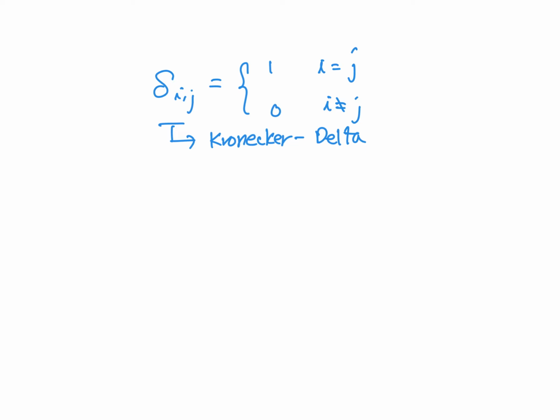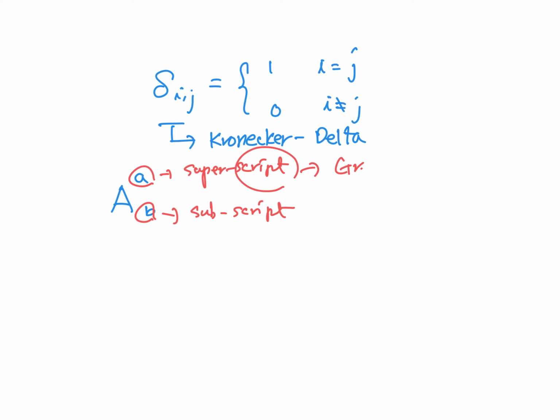Oh, some more English class. If we have A, this is called superscript. This is called subscript. I guess everybody knows that. So script is actually Greek, means word. The super is up, sub is down, right?